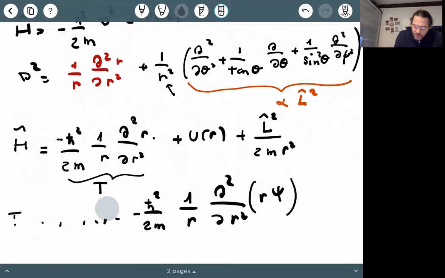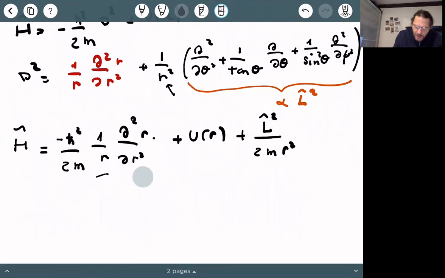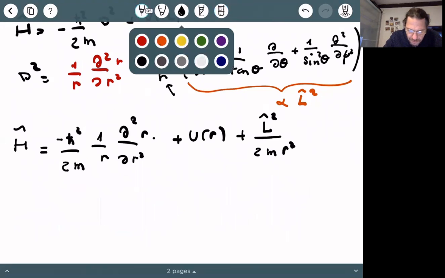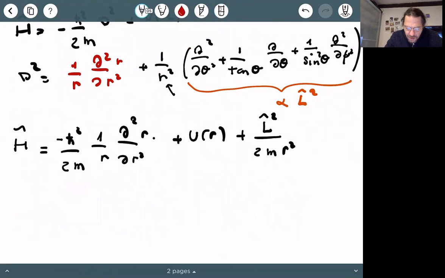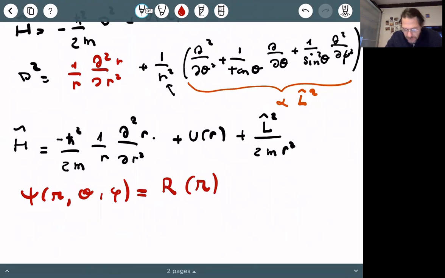It is also interesting to see that an observation has an important implication: L involves only derivatives with respect to theta and phi. This implies that a wave function, a function of r, theta, and phi, can be rewritten as a product of a function that depends on r times the eigenstates of the square of the angular momentum operator, which we know are the spherical harmonics.